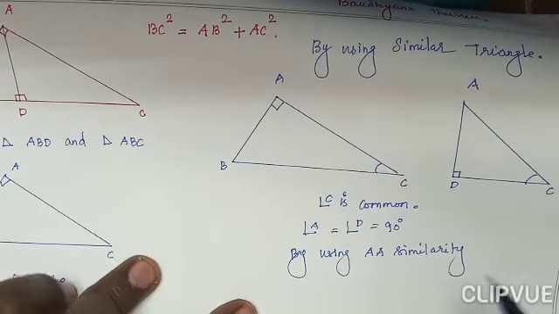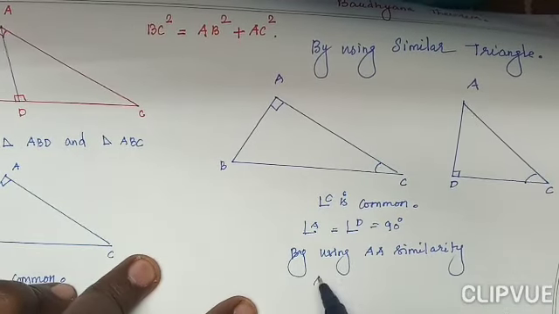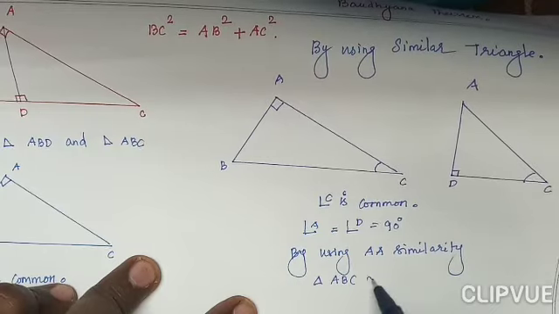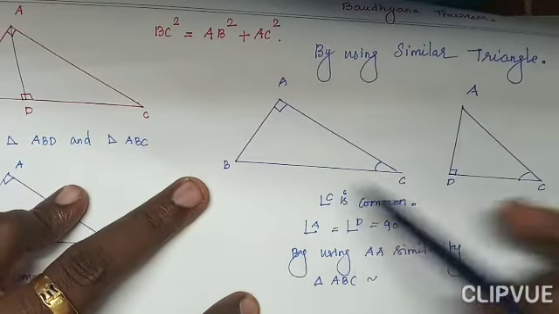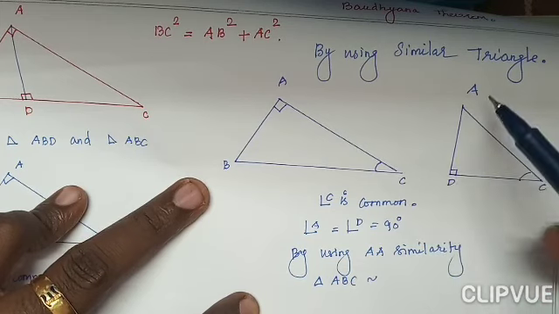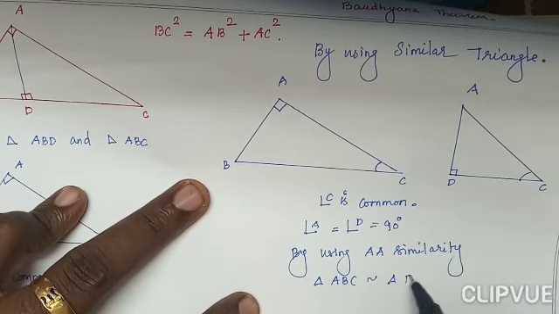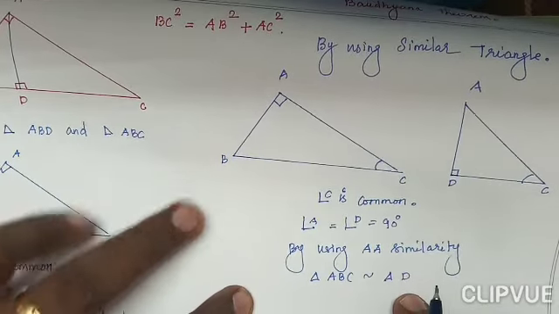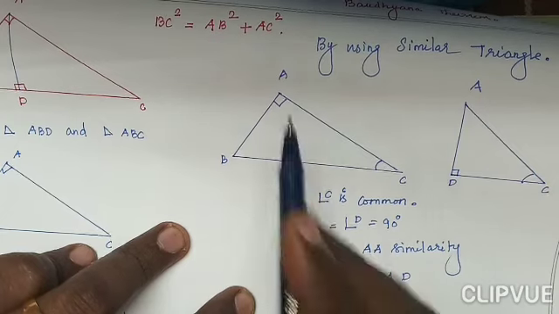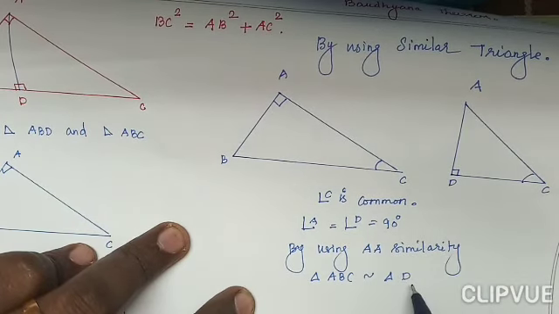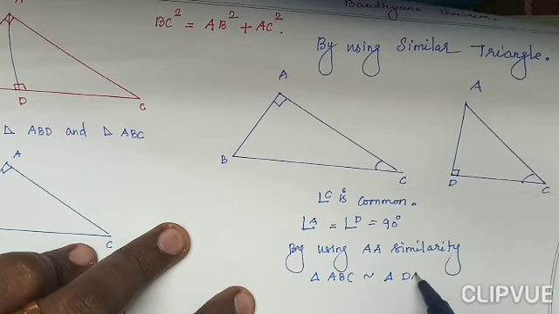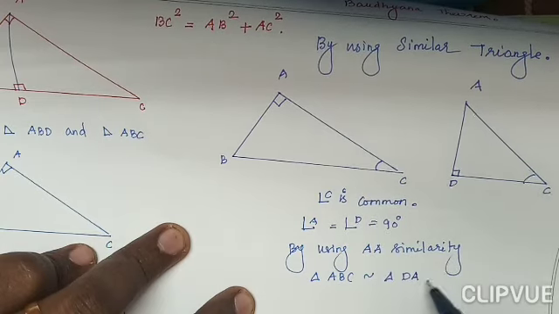we can say that the two triangles ABC similar to, I have taken ABC, okay, similar to here angle A equal to 90 degree, here angle D is equal to 90 degree. So we must write D at first. Here angle A, here angle D, and C is the common angle.